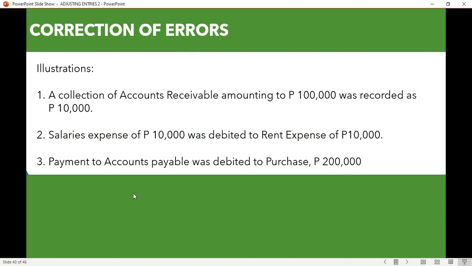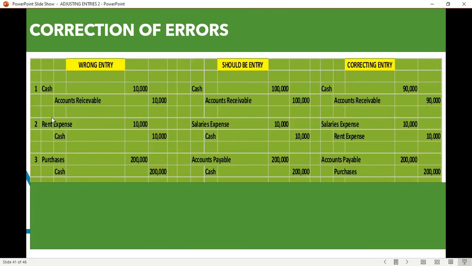Number 3: payment to accounts payable was debited to purchases 200,000. This is a payment to AP. So this is the wrong entry: debit purchases 200,000 and credit cash 200,000. The correct entry should be a debit to accounts payable since it's a payment of account: a debit to accounts payable 200,000 and a credit to cash 200,000.